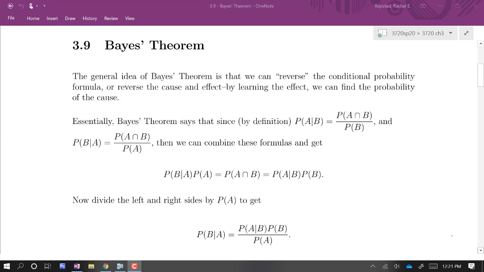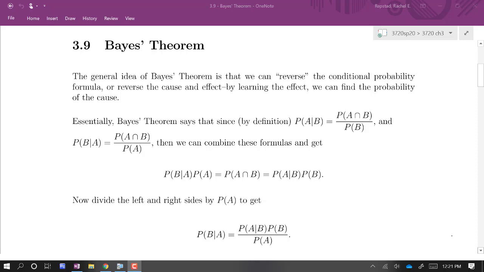With conditional probability, if we know something has already happened, like in sequence, this thing has already happened, and then we find the probability that something else might happen. With Bayes' theorem, we try to reverse the cause and effect part, where we say, if I learned the effect, if I learned what happened after, what's the probability that this other thing would have happened before that?